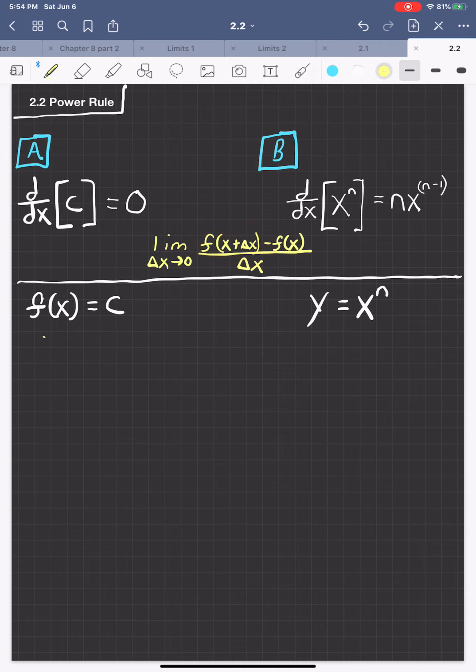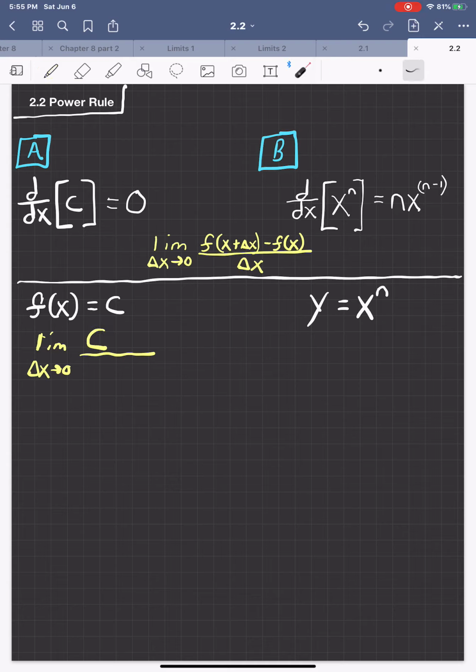So what we have at this point is the limit as delta x approaches 0. Let me state that again: there's nowhere to put an x plus delta x. There's no variable on the right side of this equation. So that would just be c.